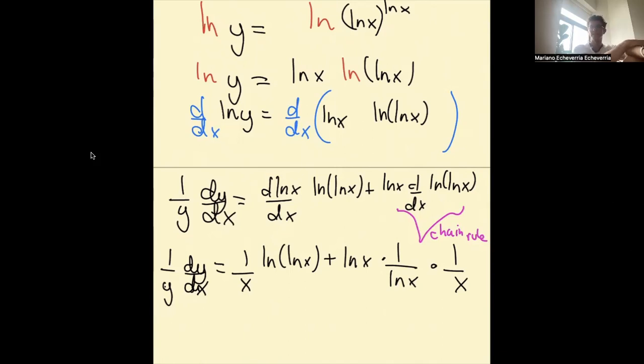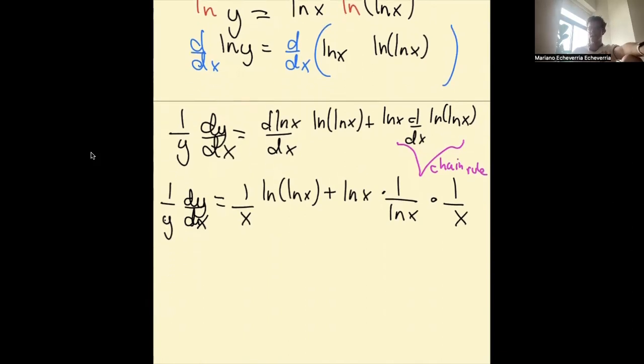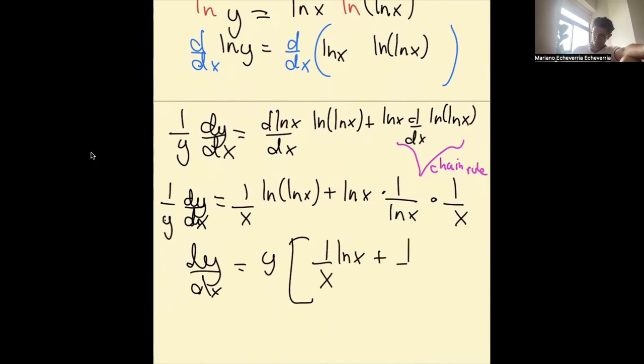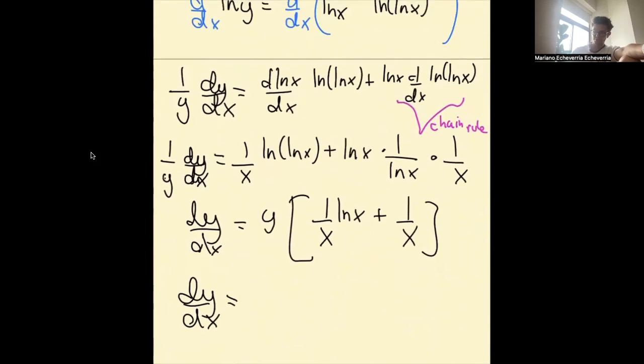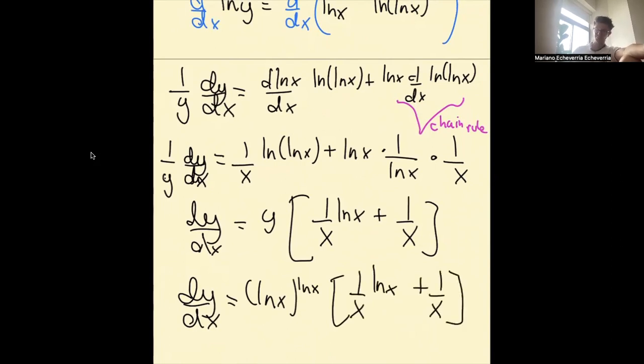Exactly. Yes, 1 over x. And now at least these two do cancel. So we're almost ready to go, because this is y times 1 over x ln of x plus 1 over x. Okay, this looks not as bad as before. And we are almost done. You just have to replace y with its original formula, which was ln of x to the ln of x. And that was the formula.